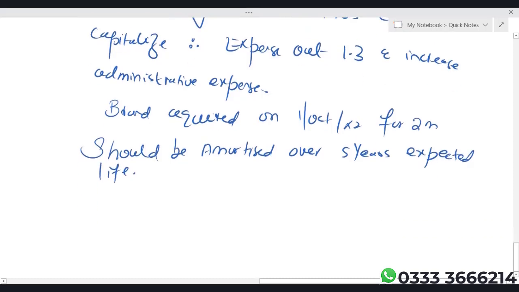And the amortization is charged to admin expense. So simply we'll take 2 million. I'm ignoring 3 zeros. 1 upon 5, only 3 months from October till December. I'm getting 100.